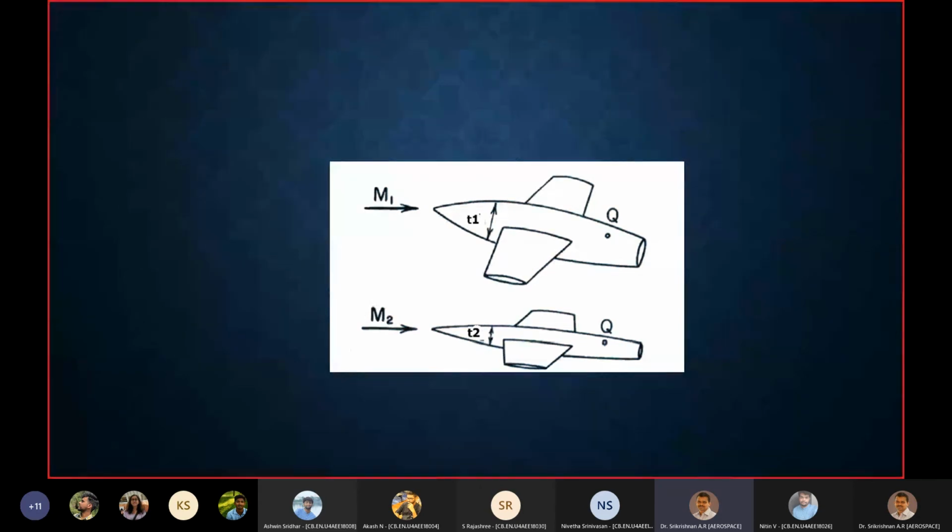That is what we make use of in doing initial estimates of the relative comparison of flow field between two different designs. So that's basically the applicability of this concept.